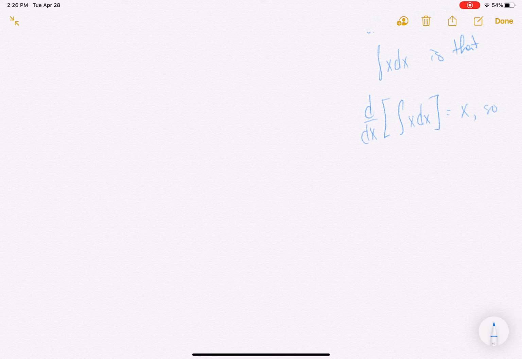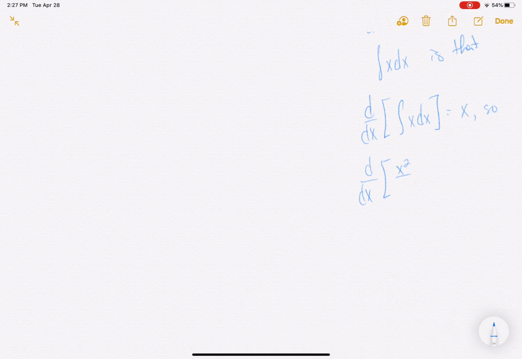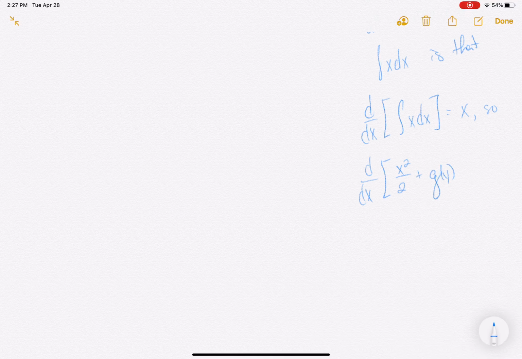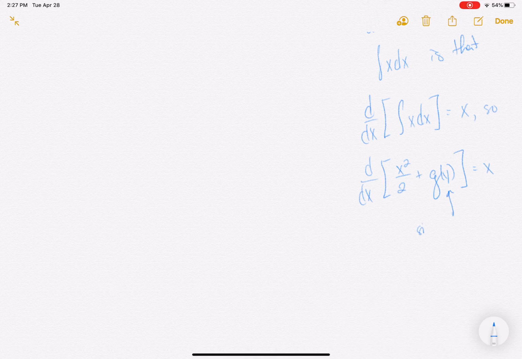So you'll notice that if I took the derivative of x squared over 2 plus some random function of y, this is still equal to x since this doesn't depend on x.